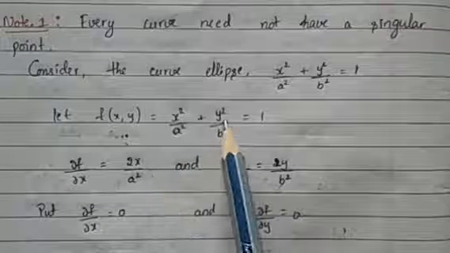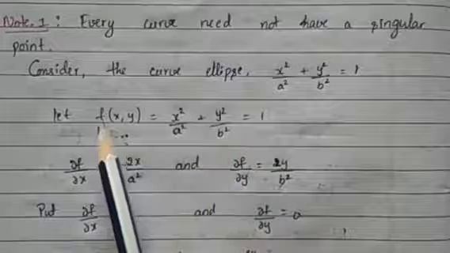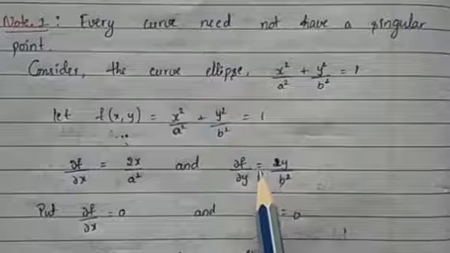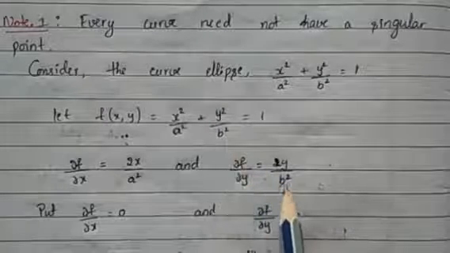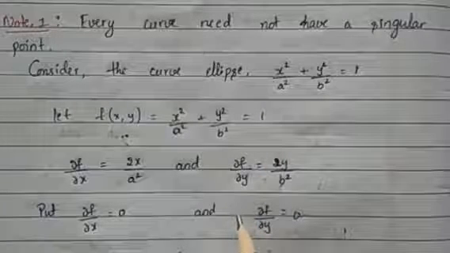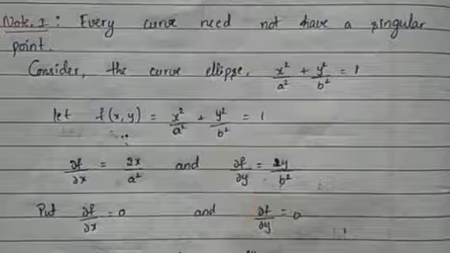The y derivative is 0. And we differentiate partially with respect to y. We get dou f by dou y equal to 2y by b square. The x term's derivative is 0 because we differentiate partially with respect to y.